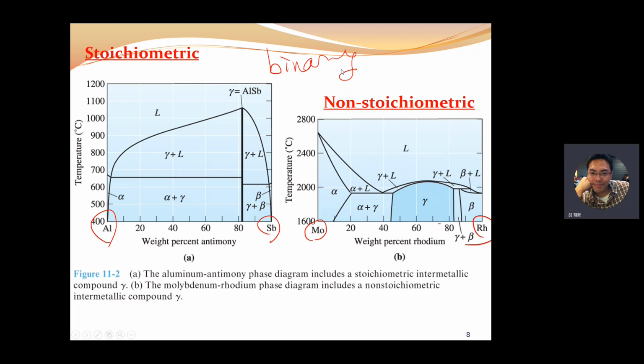How do we tell a stoichiometric intermetallic compound? First, we need two or more components. Therefore, we can find this compound in the aluminum antimony phase diagram here.